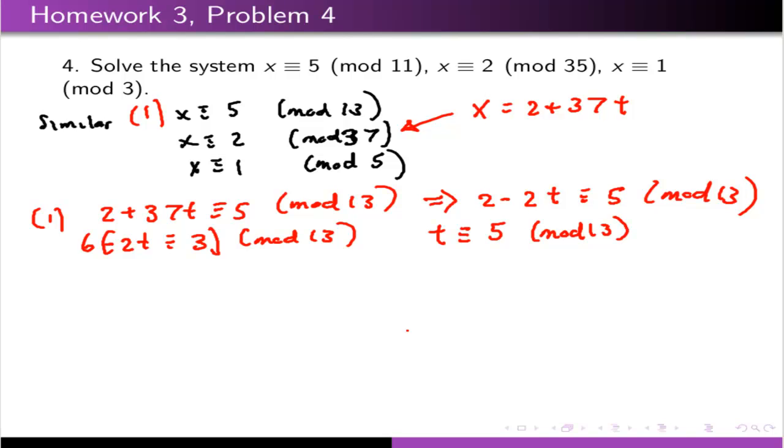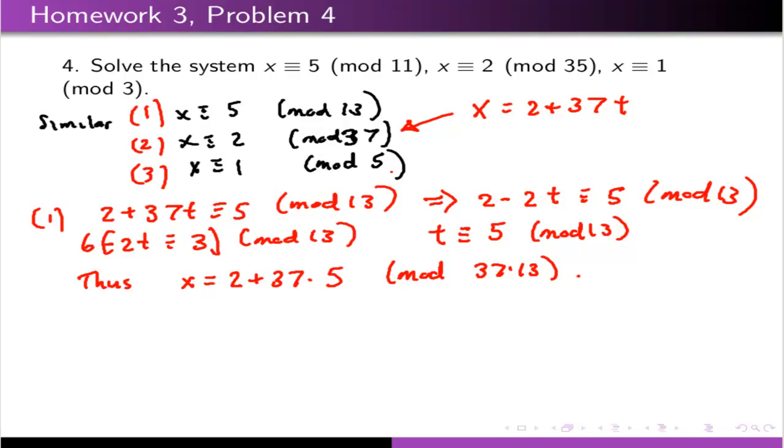And thus, x is 2 plus 37 times 5 mod 37 times 13. And then we take this value and plug it into equation 3, which has the very smallest modulus.